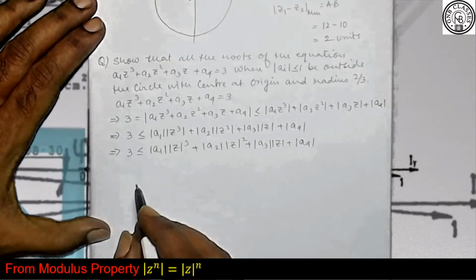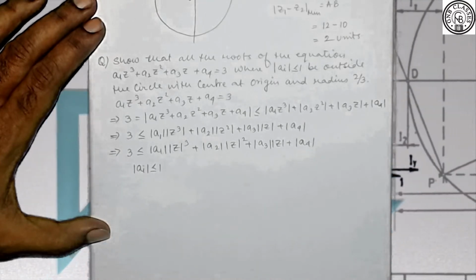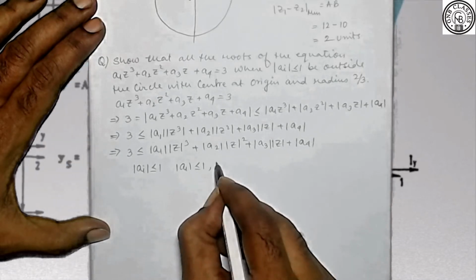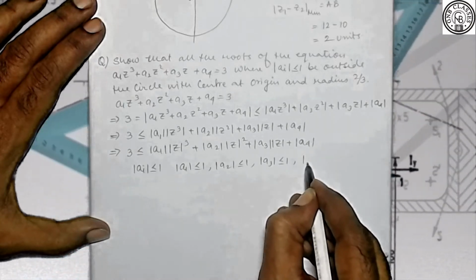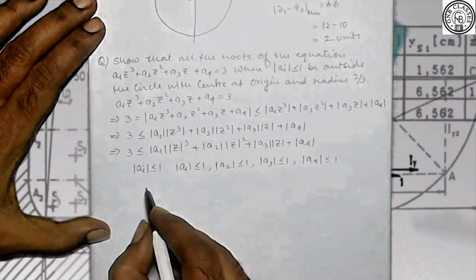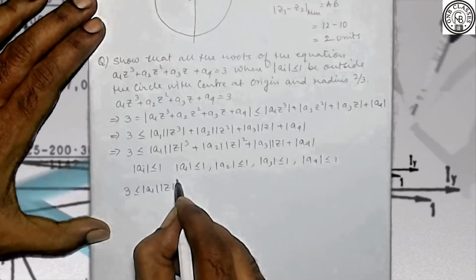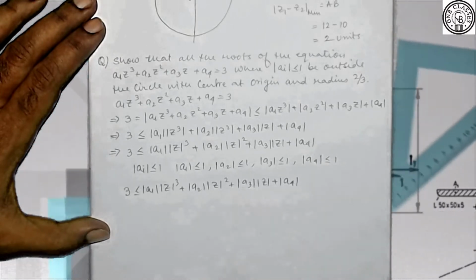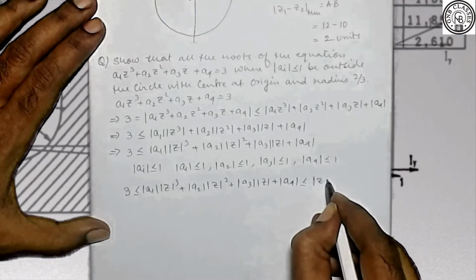So this can be written as, is it okay? Now we have been given that mod of a suffix i is less than or equal to 1. That means a1, a2 all are less than or equal to 1, right? So we can say that this is less than or equal to.